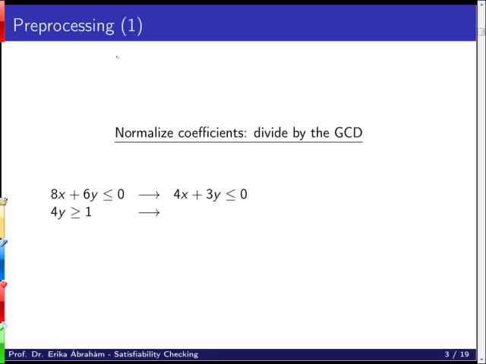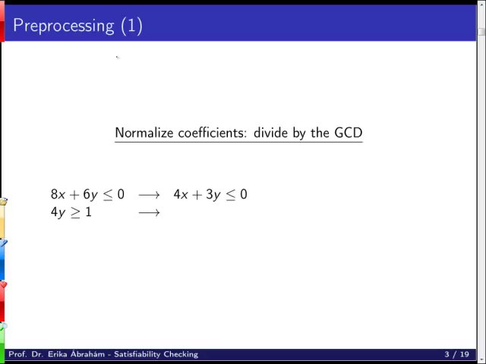Another point is if you have 4y is larger or equal 1, we have an idea how we could make a more restrictive constraint from this. So now in the first example, we could divide by 3. Y is an integer, then y is also larger or equal to 1. Exactly.